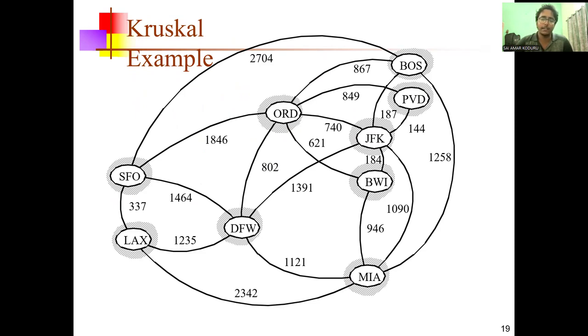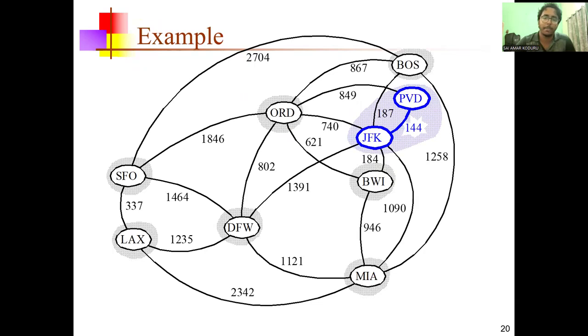The primary goal is to connect all the vertices in such a way that the cost is the least possible one. It is similar to Prim's in a way.